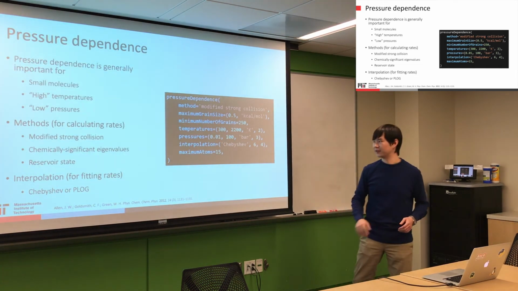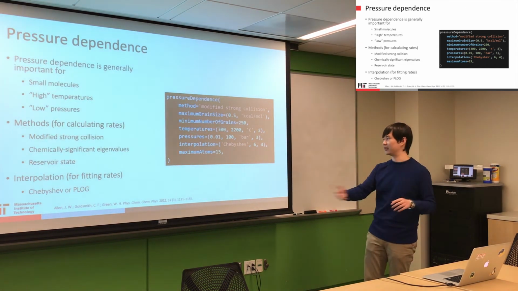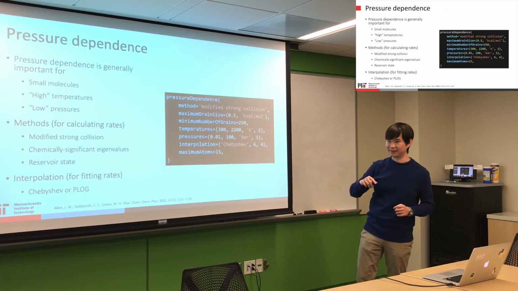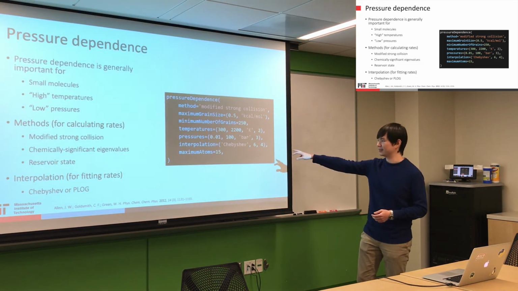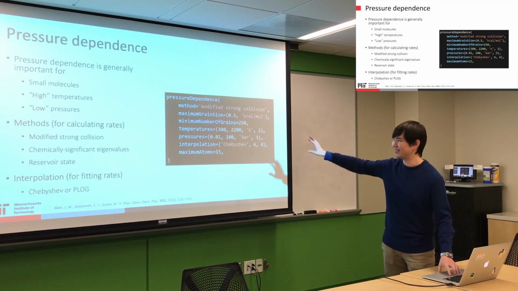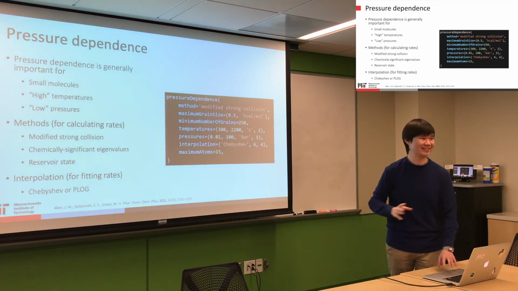The 6 and 4 refer to how many parameters you have in the temperature dimension and the pressure dimension. Alternatively, you can use PLOG, which is basically a set of Arrhenius rates at each pressure. Chebyshev tends to give better fits. And there will be another session explicitly on what pressure dependence is and why it matters tomorrow.